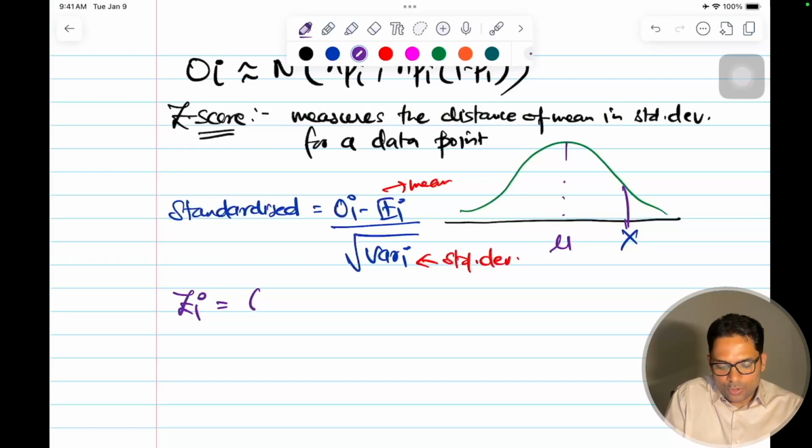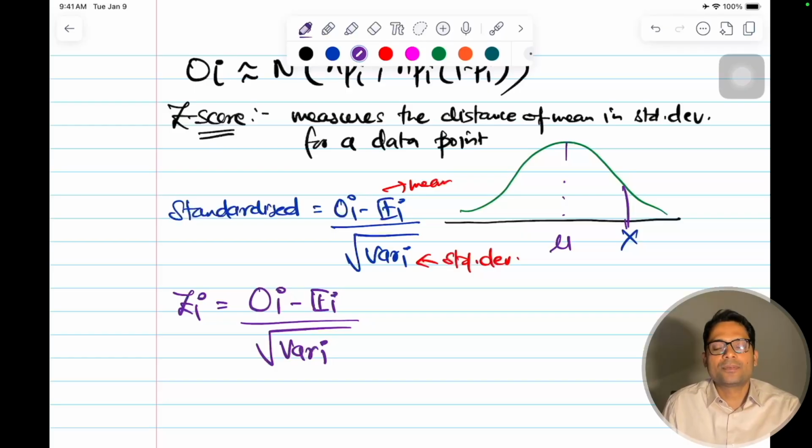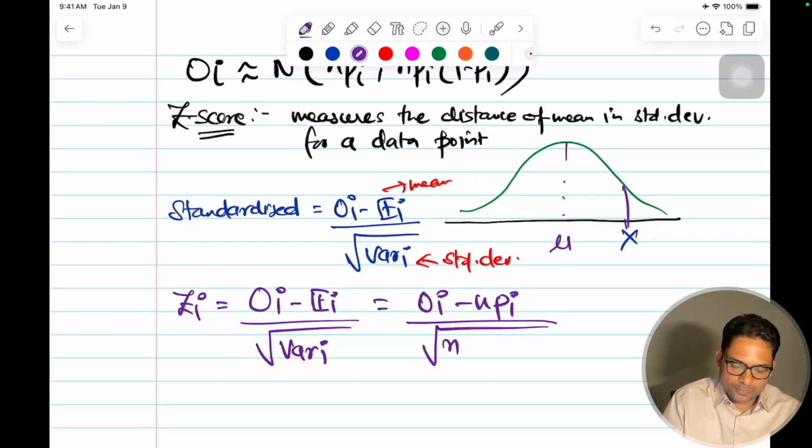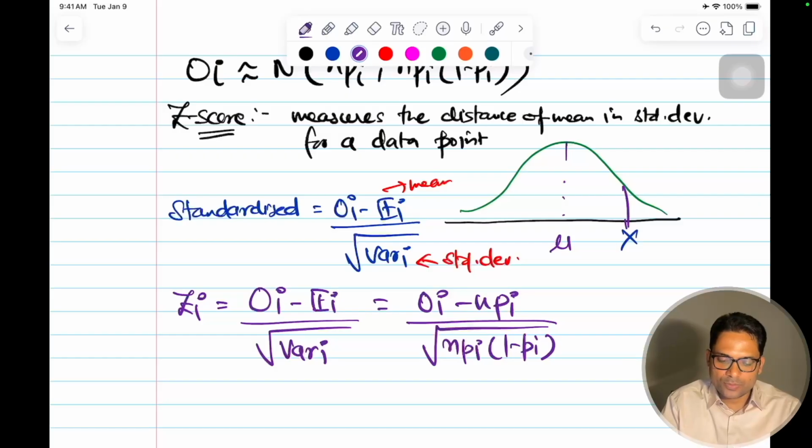Zi is equal to the observed count of the ith category, for multinomial data, minus the expected value, divided by the square root of the variance of the ith category. So what are those values? Let's put them in: Oi minus n pi, divided by the square root of n pi times 1 minus pi. So this is what we'll get.